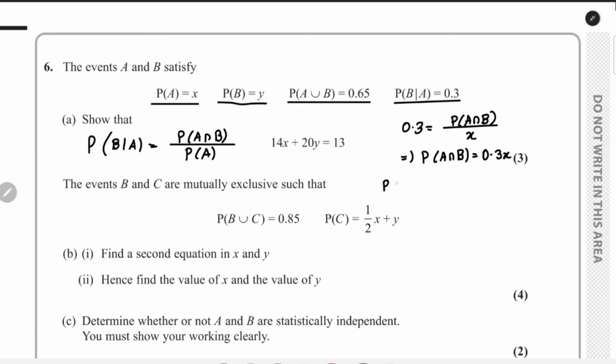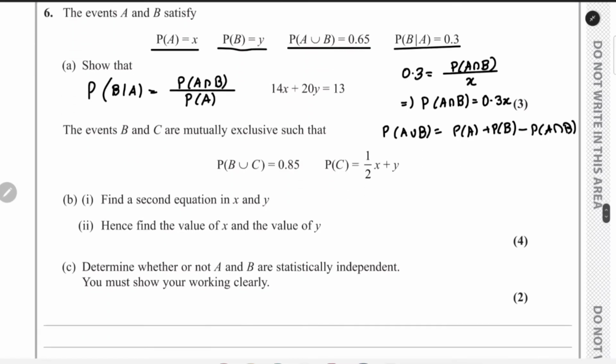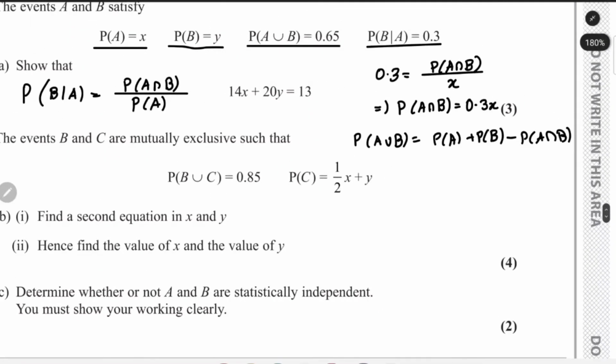Now probability A union B will be probability of A plus probability of B, and then you subtract the intersection. So 0.65 equals x plus y minus 0.3x. So 0.65 equals 0.7x plus y.